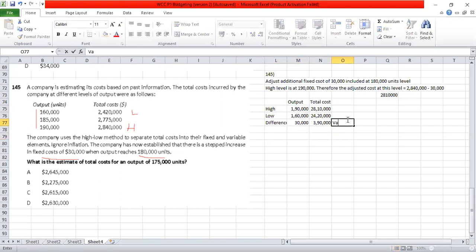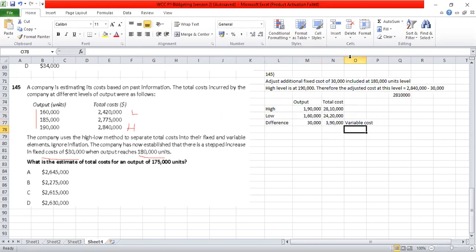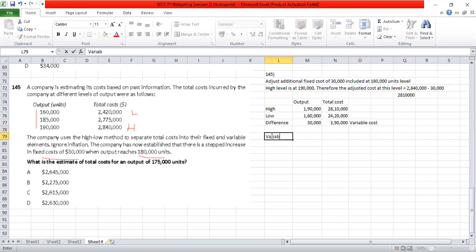This would be the variable component. $13 per unit.